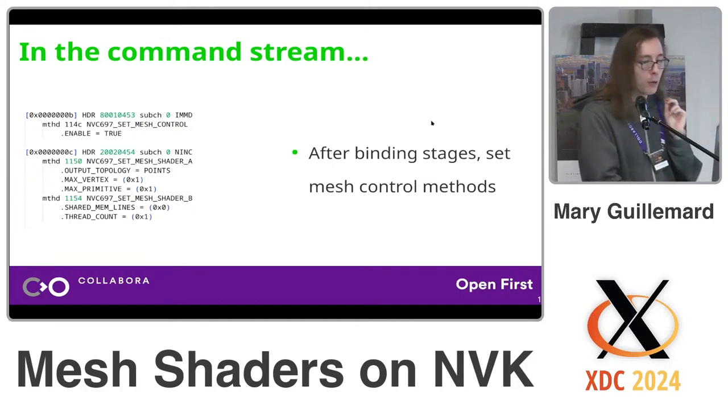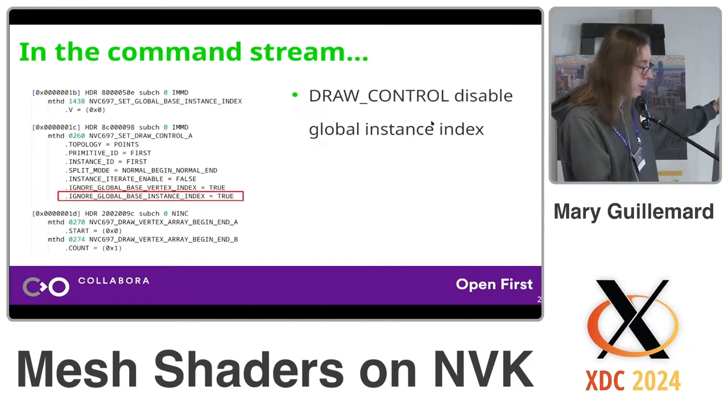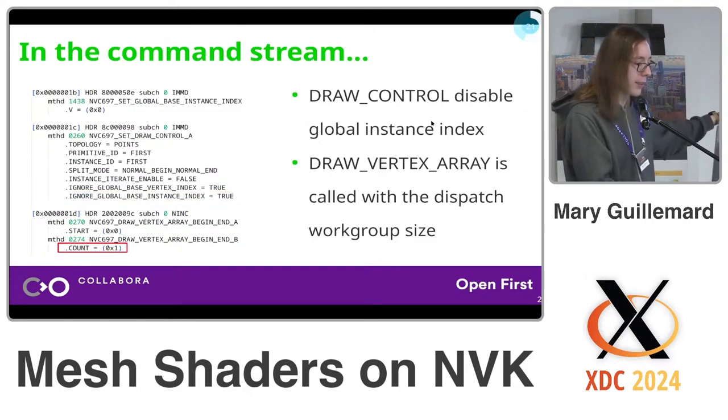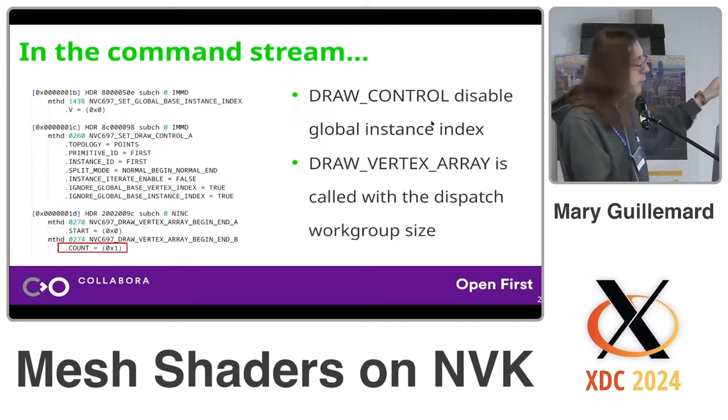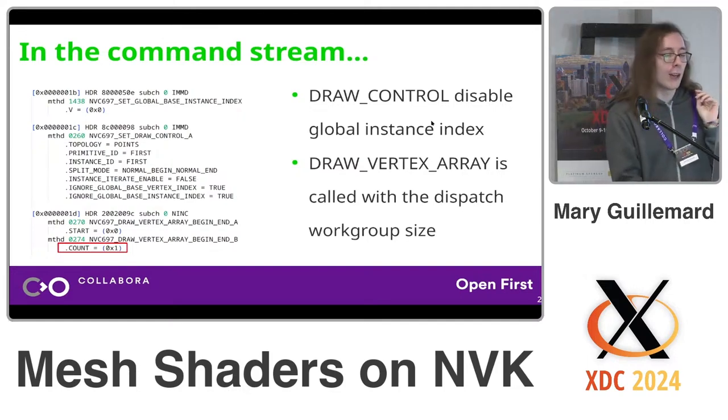If you look at the actual draw part, the first thing to note is that the draw control register is going to ignore the actual instance index. The second thing to note is that the draw vertex array is going to be called with the workgroup size. So what is going on here is that we are driving a draw with the input assembler without any inputs, except the vertex ID actually, but let's say without any inputs.